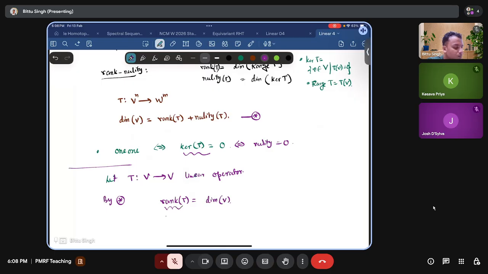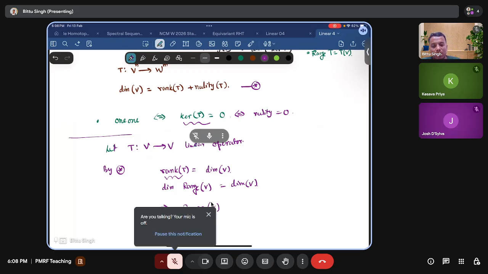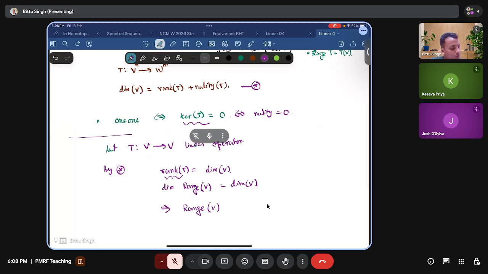It means the dimension of the image space. So the dimension of the range space is the same as the dimension of V. In other words, the range space is all of V, right? Both have the same dimension, so those two should be the same. And this implies T is onto.